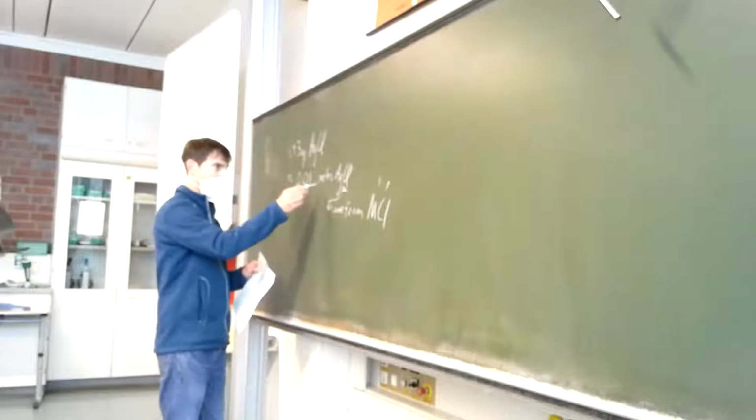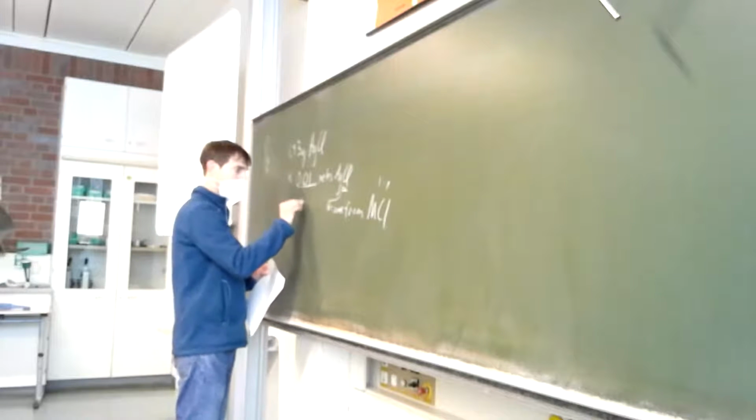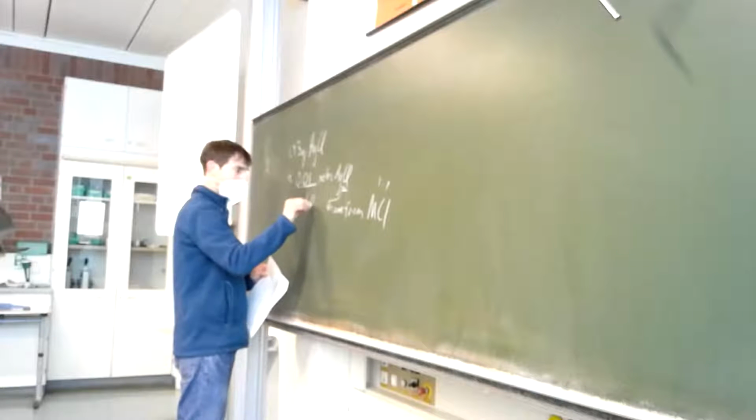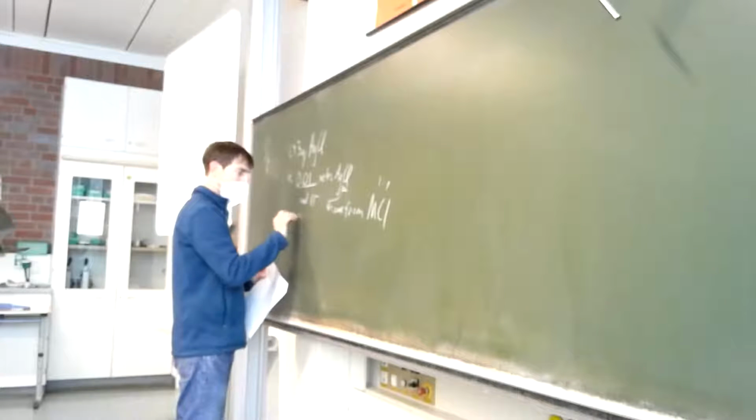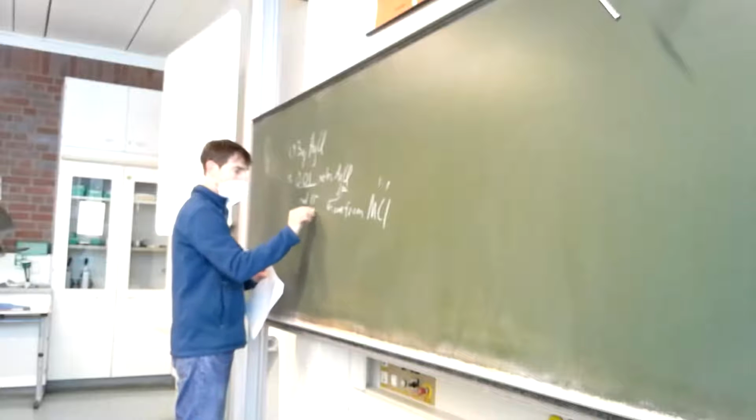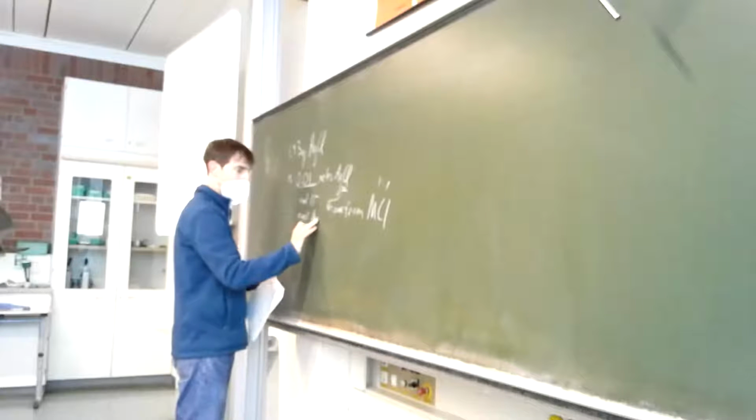So if I have the moles of AgCl, I've also got the moles of Cl minus, and I've also got the moles of M, or just MCl, M plus or MCl. So I have the amount of MCl here.